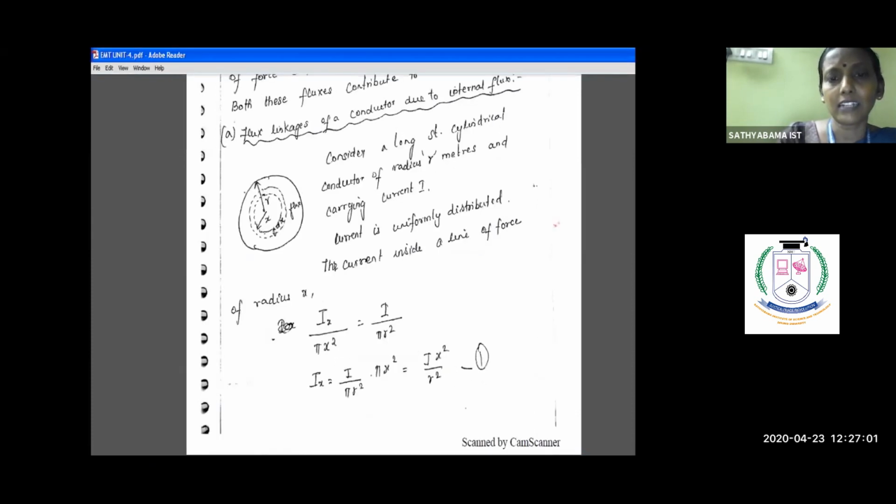By considering that concept, you can see at the bottom of the slide I have written, by considering the radius to be x here, the current passing through is assumed as Ix here. So it is Ix by pi x square. Current density formula you all know, current by area. So it is Ix divided by the area of that Ampere loop, pi x square.